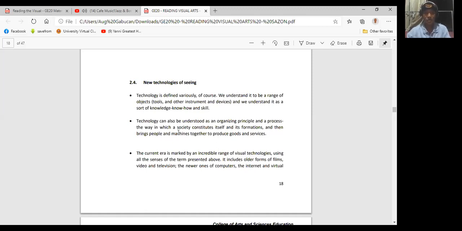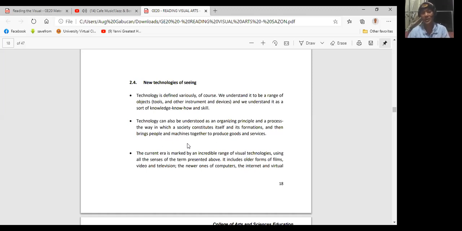So technology can also be understood as an organizing principle and a process. Okay, so the way in which the society constitutes itself and its formations, and then brings people and machines together to produce goods and services. So that's the purpose of technology, to produce a particular good or service in a way that it makes it easier for everybody.